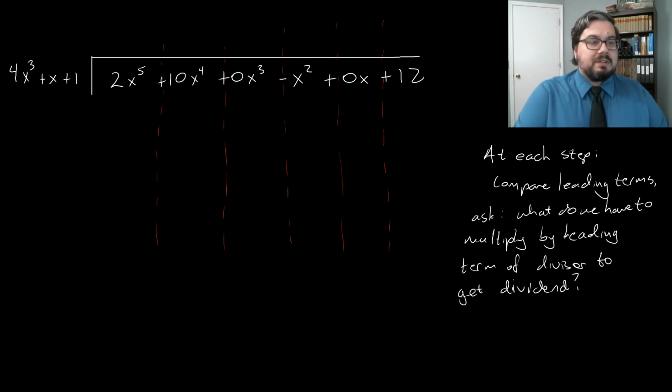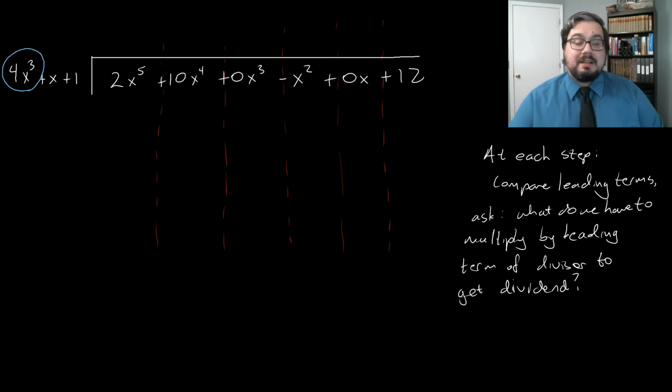So what we're going to do is we're going to compare the leading terms. Now the leading term of the divisor is always going to be the same as we go through this process. It's always going to be 4x cubed.